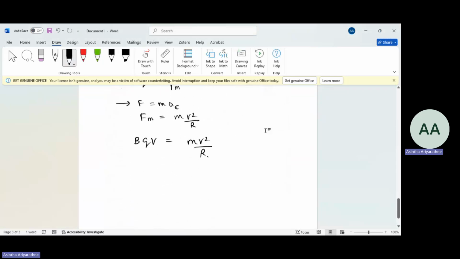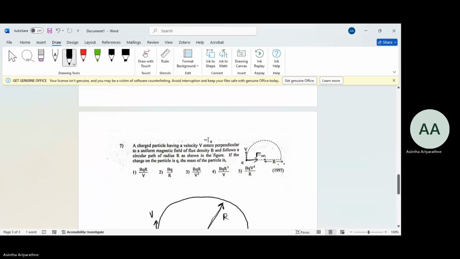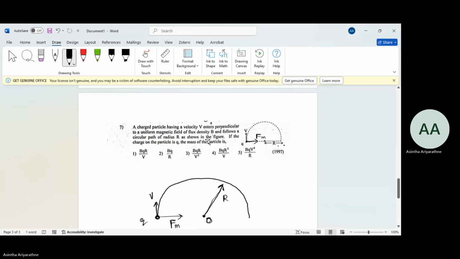Yes, mass m is equal to BQr divided by v.